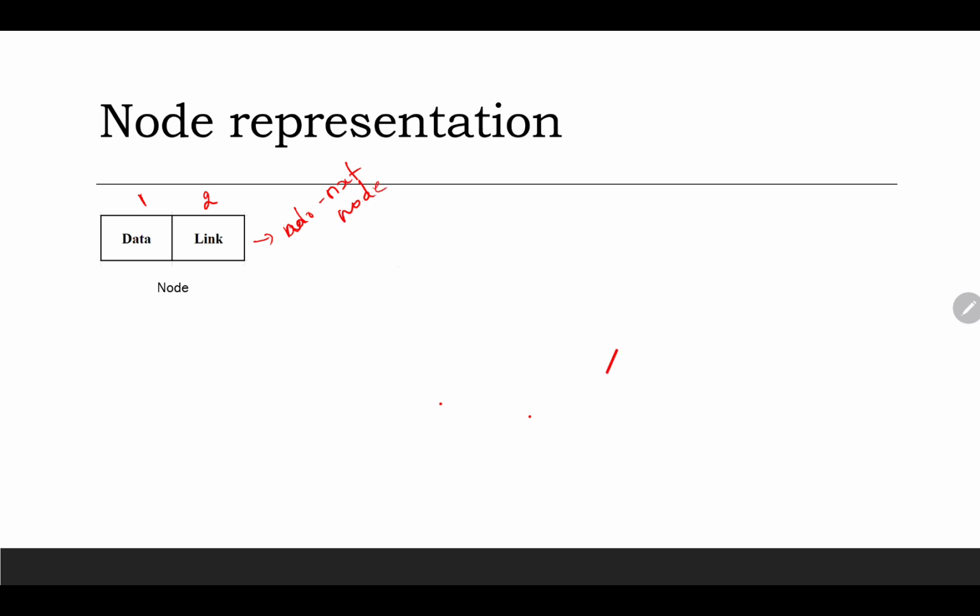For example, this is the first node. It contains the data 5, and it contains the address of the next node. So it is a link, right? For example, the next node is stored at address 105, so the link contains 105.